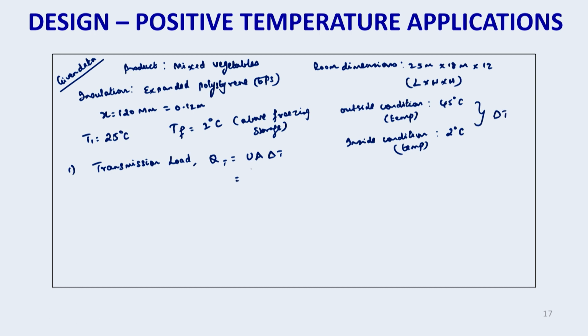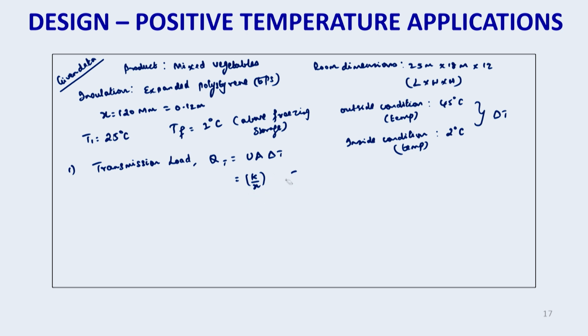So, this is equal to U is K by X into area into delta T. So, this is equal to K by X, area is 2 times, let us write it in this step itself.